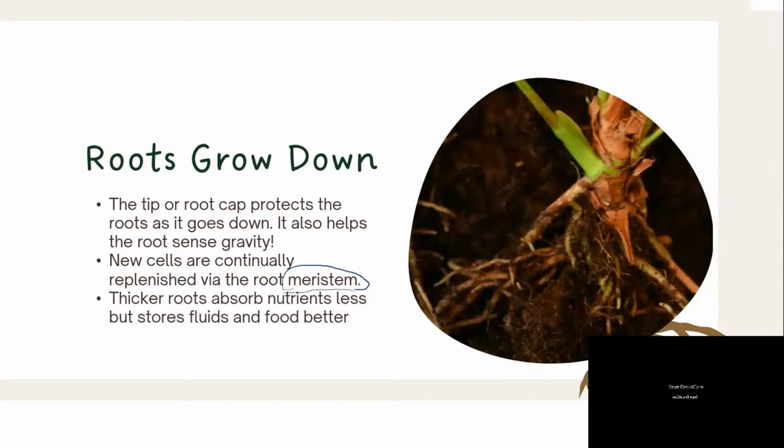These root tips are very important in plant growth because they help the plant to absorb nutrients, store nutrients and food, and also for the root to have deeper anchorage.